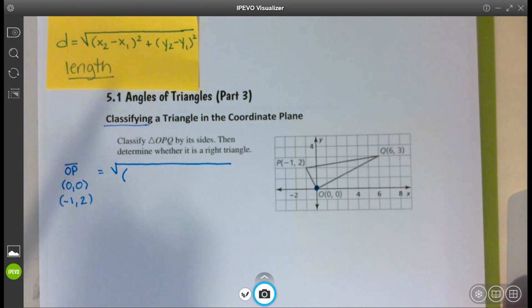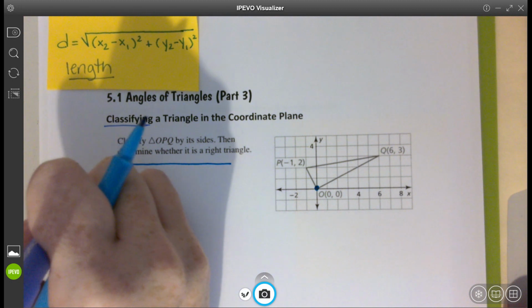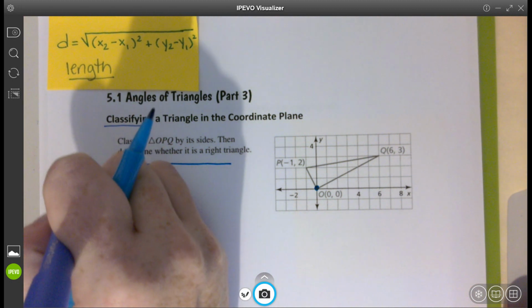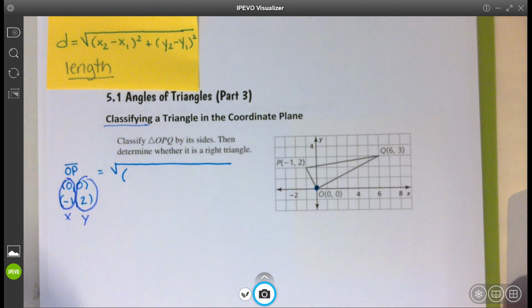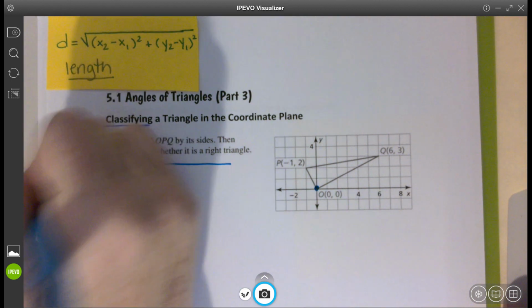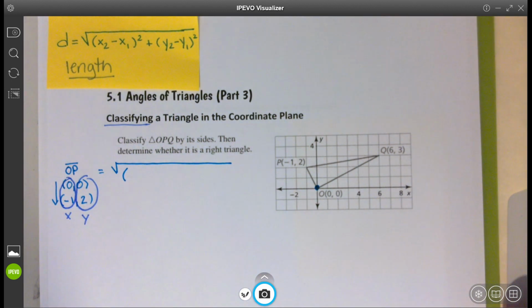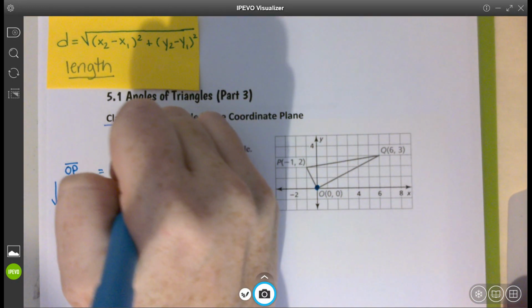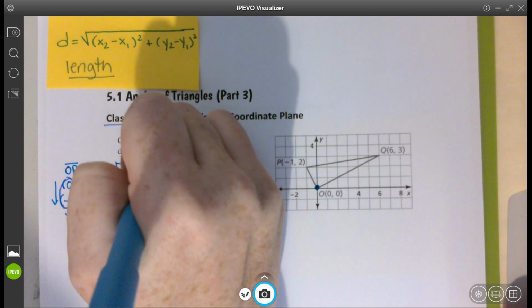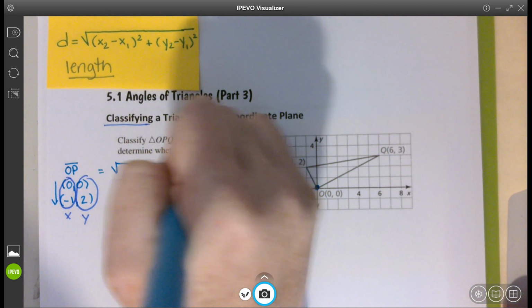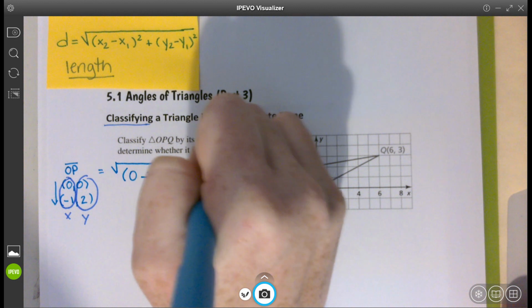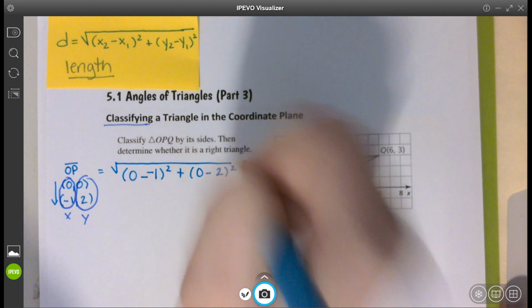So remember we have our X's here and our Y's right next to it. I like to plug right in and go straight top to bottom. You can go in reverse as long as you do the same for your Y coordinates. So I'm going to have 0 minus -1 squared plus 0 minus 2 squared.